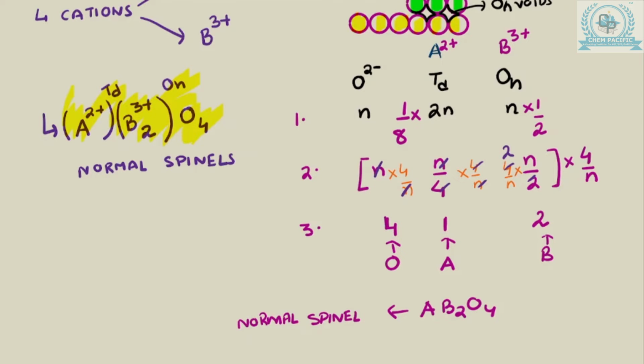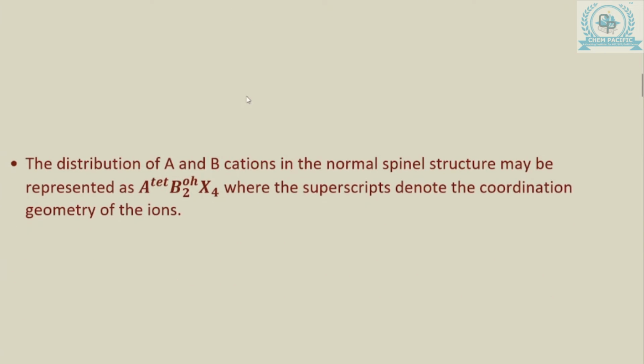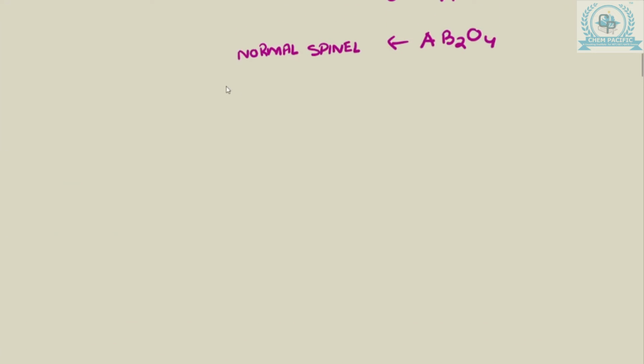Now let's proceed. Now how are inverse spinels formed? Look, you have understood the formula of the normal spinel. You have the cations which occupy the voids created by the anions. Out of them you have two cations.